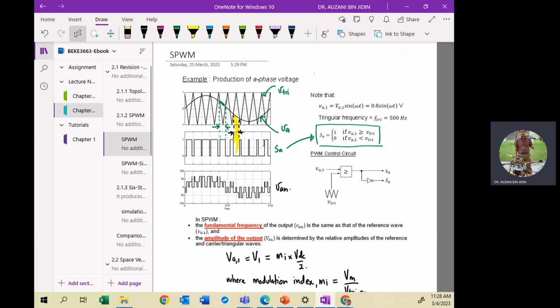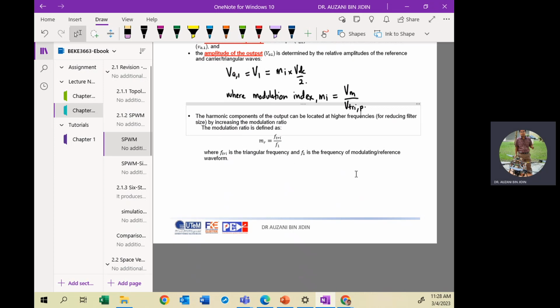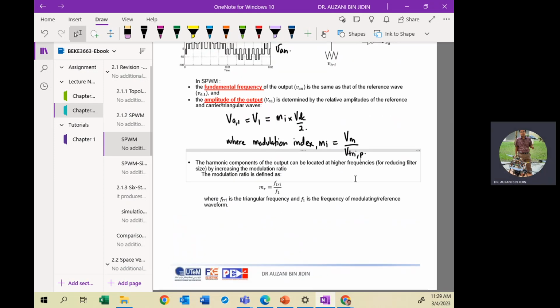Another control parameter is the modulation ratio, MR. The purpose of using MR is that you can adjust the location of the harmonics.